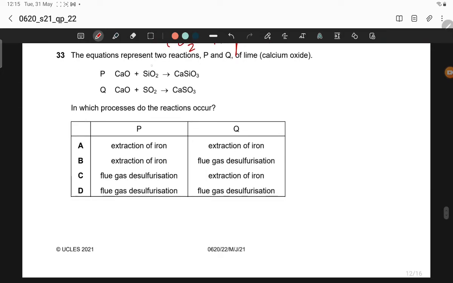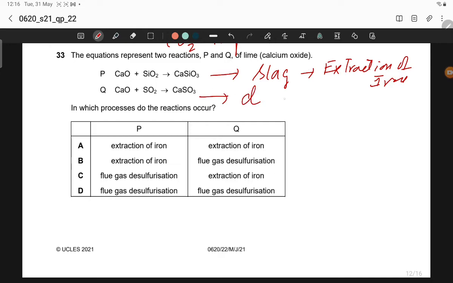Question number 33. The equation represents two reactions P and Q of lime. Calcium oxide reacts with silica to form calcium silicate. It is used in extraction of iron. And calcium sulfide, this is desulfurization, to remove sulfur dioxide from the atmosphere.